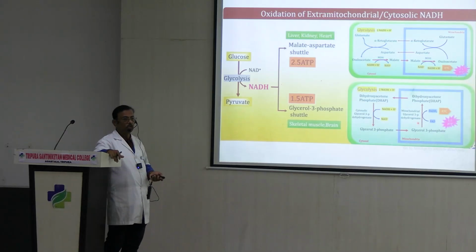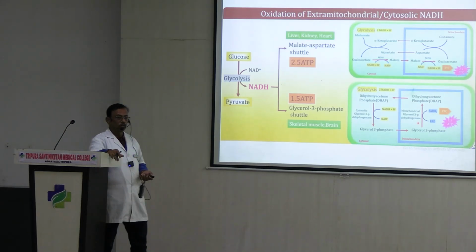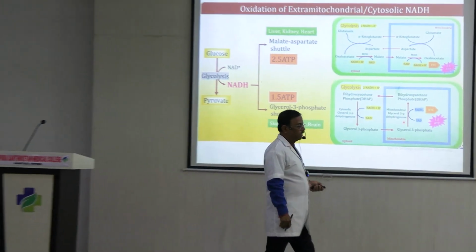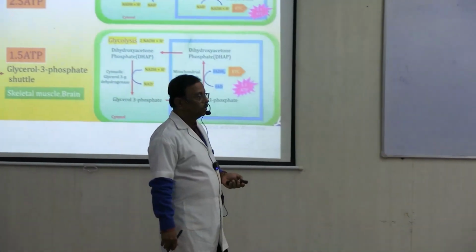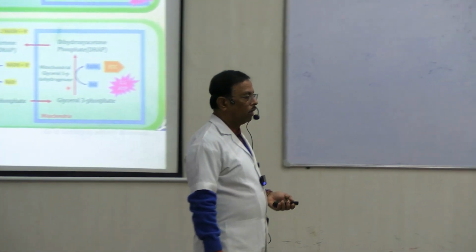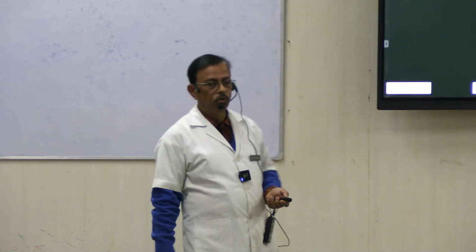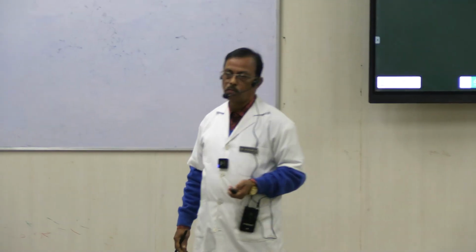Now, as we have seen, some of the reducing equivalents are produced in the cytosol. But this mitochondrial membrane is not permeable to NAD or NADH. Means the reducing equivalent cannot come inside the mitochondrial membrane.